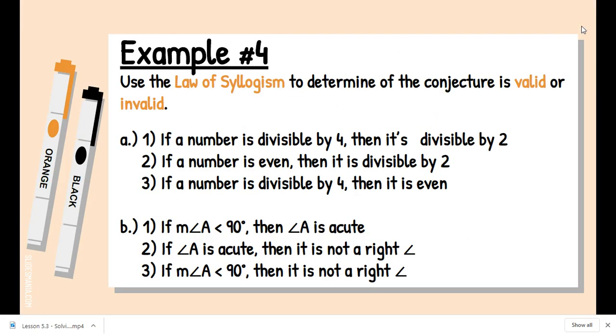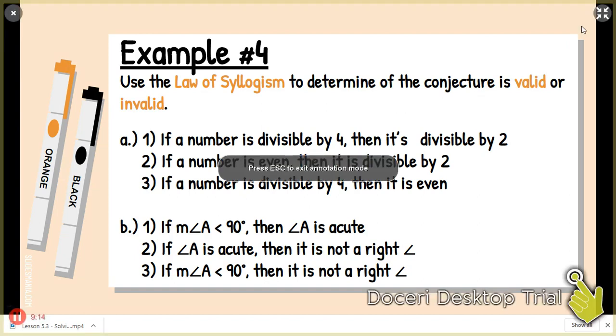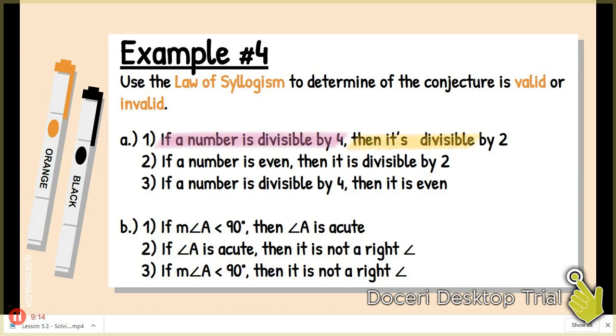So we're going to use the law of syllogism to determine if this conjecture is valid or invalid. And I like to color code to help me with this. So when I color code, I'm going to say if a number is divisible by 4, then it's divisible by 2. For the law of syllogism to work, I must start my next statement with if a number is divisible by 2.